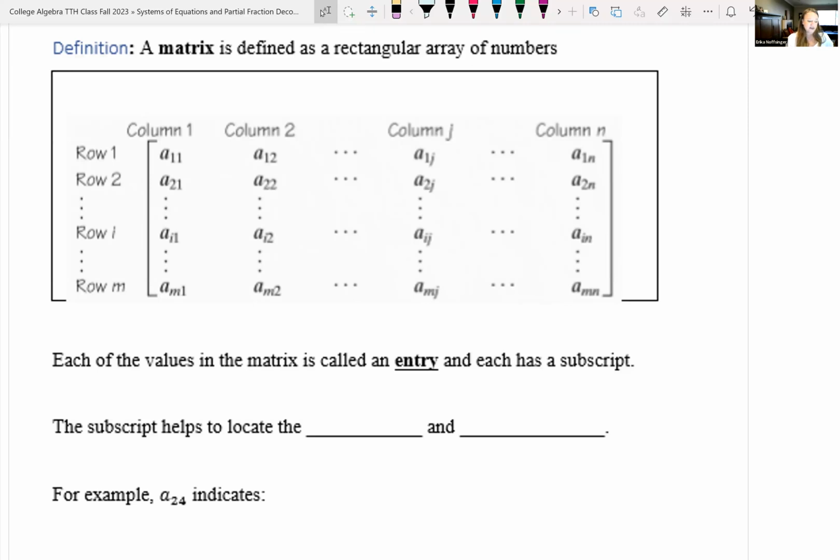So a matrix, we have a matrix in front of us here. A matrix is just defined as a rectangular array of numbers. And so you have your rows. Rows are horizontal. So that would be our row 1, our row 2, so the horizontal line, etc. And then we have our columns.